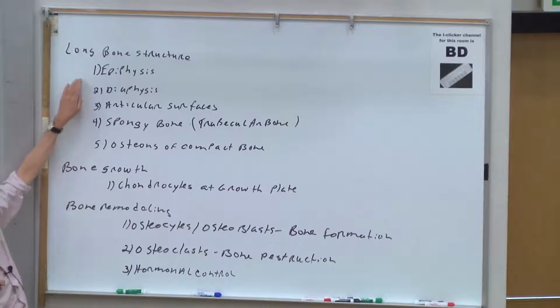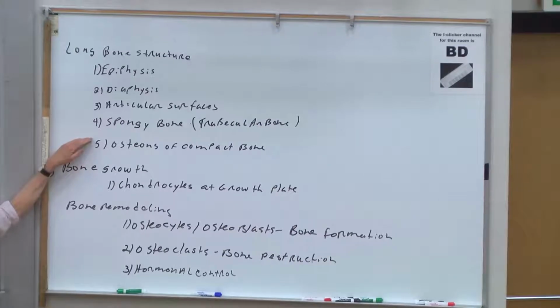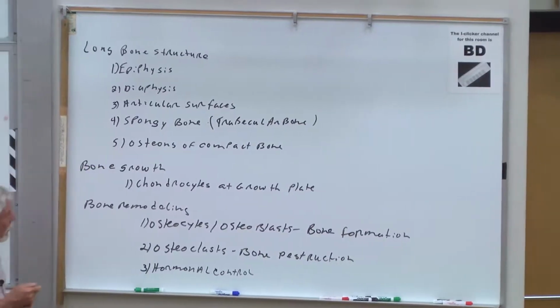And what we'll see from this is how we distribute weight, because after all, that's what bone is meant to do. If I'm standing here, I'm distributing weight down through my femur and then through my tibia and fibula. They're distributing the weight through the spongy bone in the head of my femur, down through the compact bone, which is around the edges of the medullary cavity. And we're going to think a little bit about how that weight will be distributed.